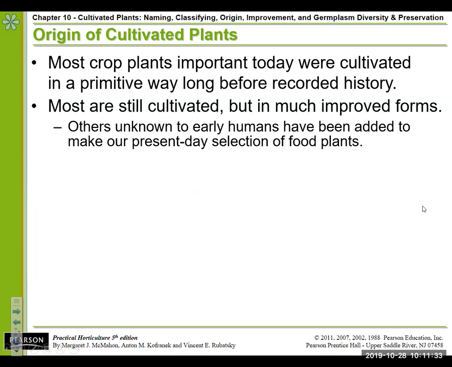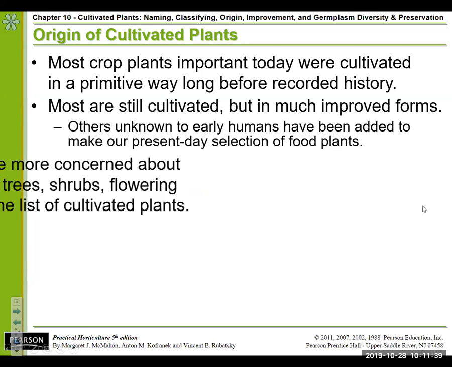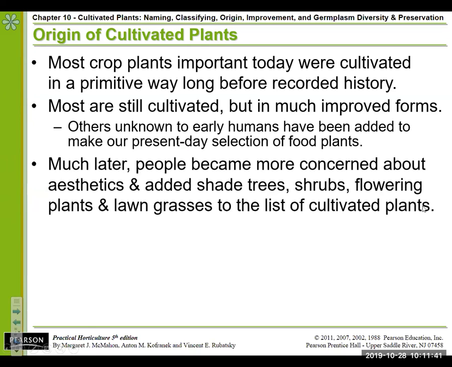These ancestors made these selections of our modern food plants based on really what we think are just some mutations. But very early, we're just looking at it as using those plants for food and fiber and shelter, maybe medicine, as we started to develop and realize that we could do that.